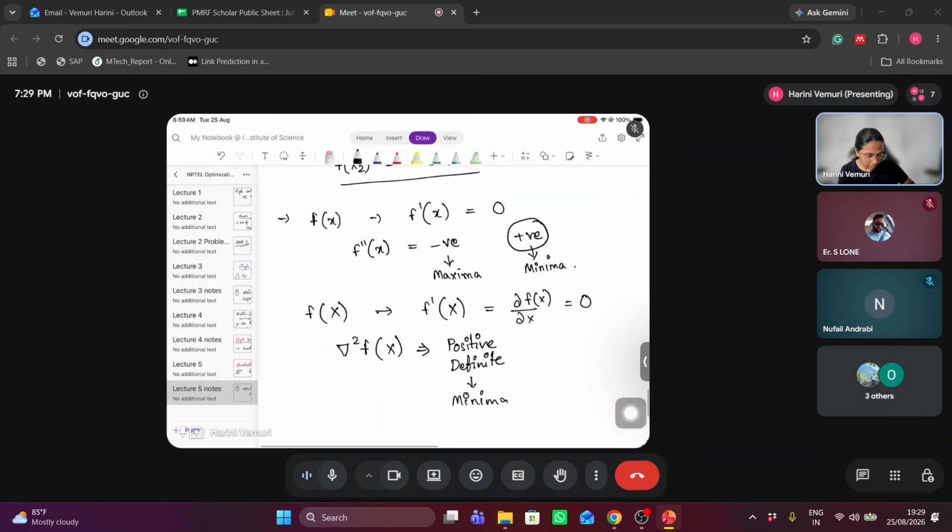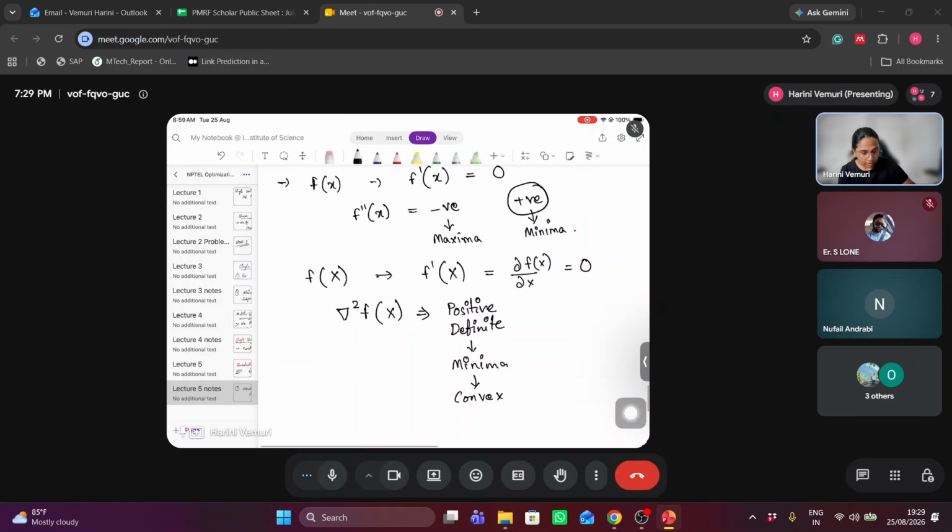Minima exists when it is a convex function. And in the case of negative definite, we have maxima, and in that case, it is concave.